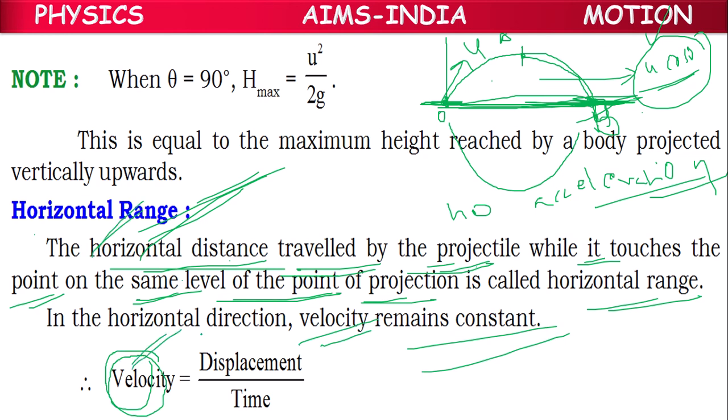So normal formula means we know that velocity equals displacement by time. Here displacement is OB, which is equal to horizontal range. Velocity is u cos theta, the horizontal component. Time taken for reaching from O to B is nothing but the time of flight.